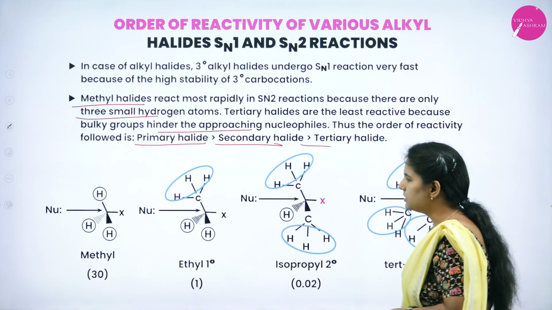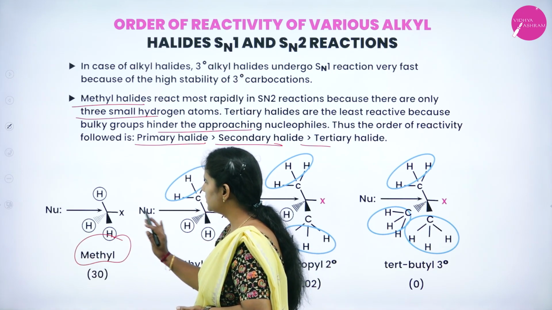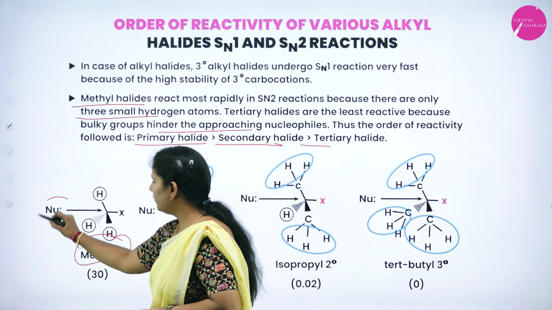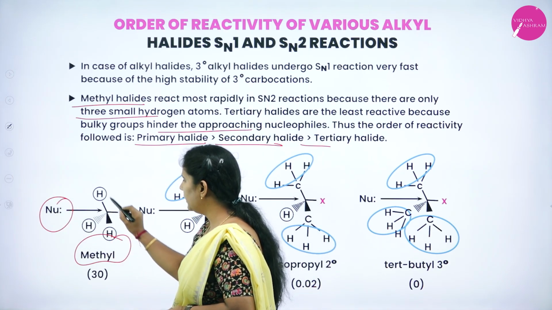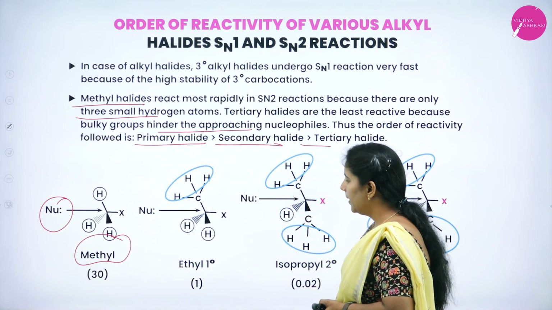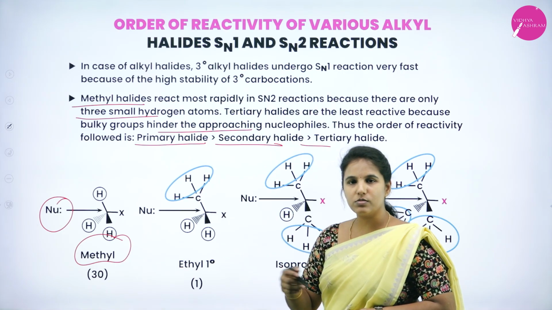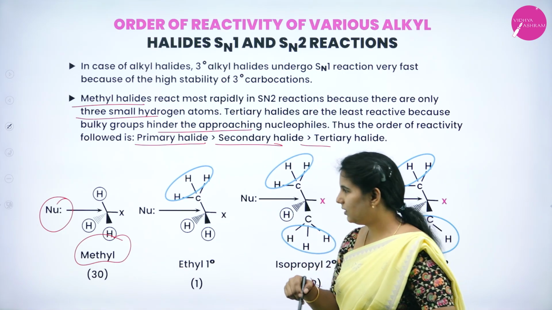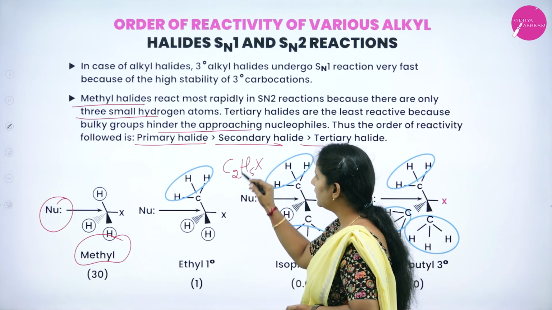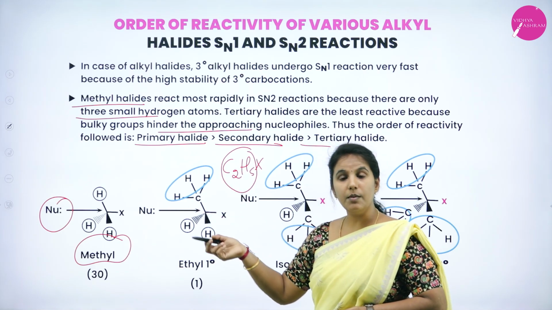So you can understand this by looking at this example, okay. This is a methyl halide, or you can consider methyl chloride. When the nucleophile comes and attacks, you can see that the hydrogen atoms are small in nature, so the attack will be easier. But if you see the ethyl group, CH3 groups are increased, right. So this is C2H5 with the X, right. In this C2H5, again the CH3 makes it bigger.